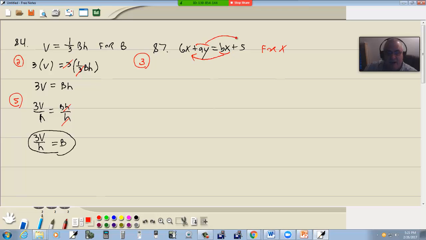Now I'll take this ay and move it over to the right side. Remember, when you move anything across your equals, your sign changes. So the positive bx becomes a negative bx. And over here, the positive ay becomes a negative ay. Step 4. Factor out the variable we're solving for, if possible. We're solving for x, and I said you'll have 2 or more of them. See how we have 2 x's here? So we'll factor out an x. And that's going to give us 6 minus b equals 5 minus ay.